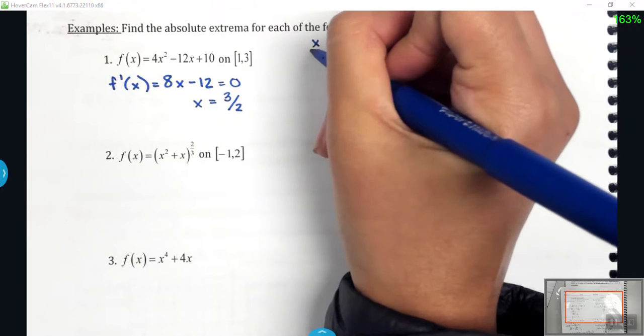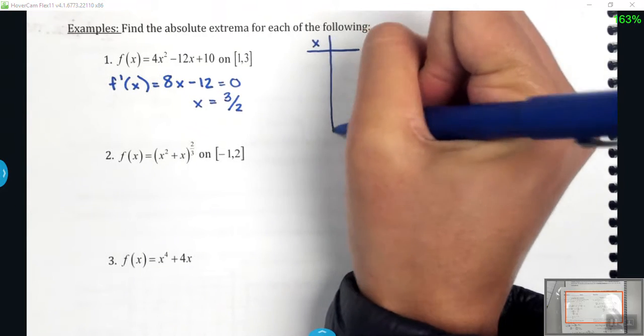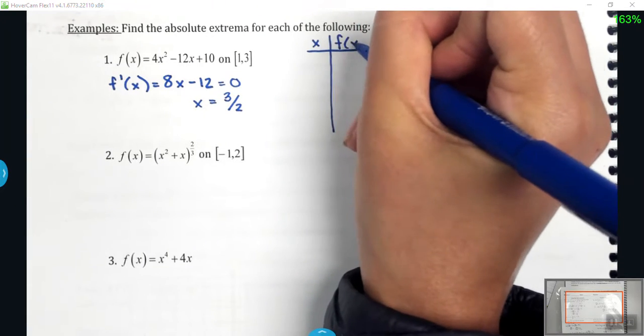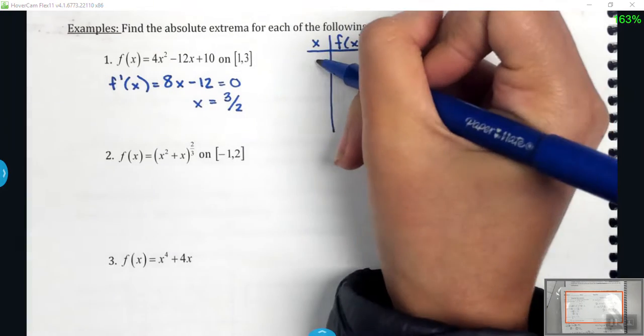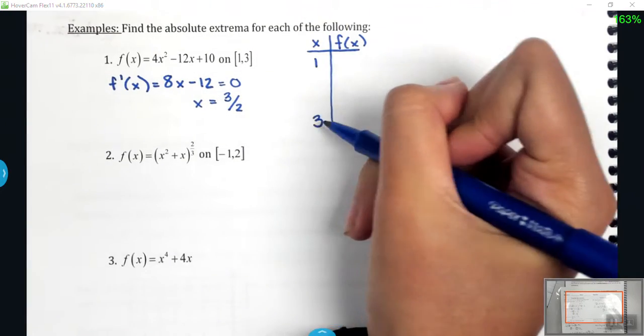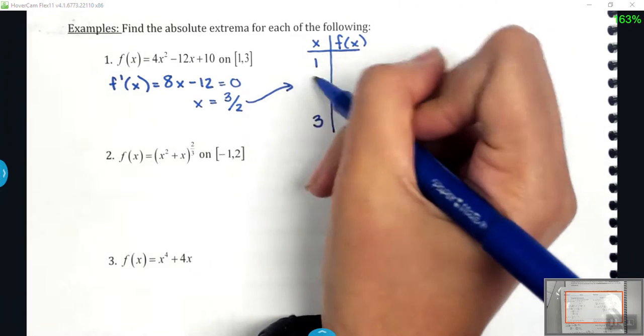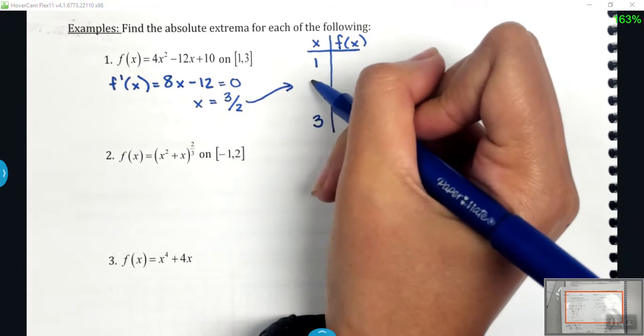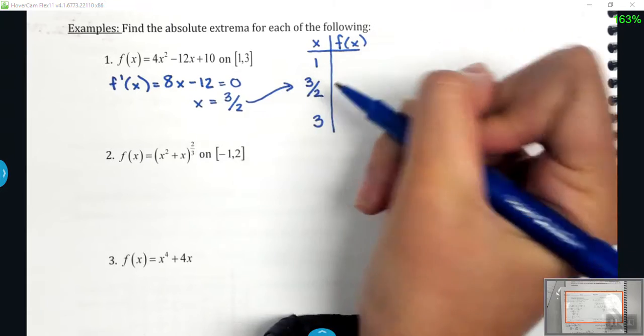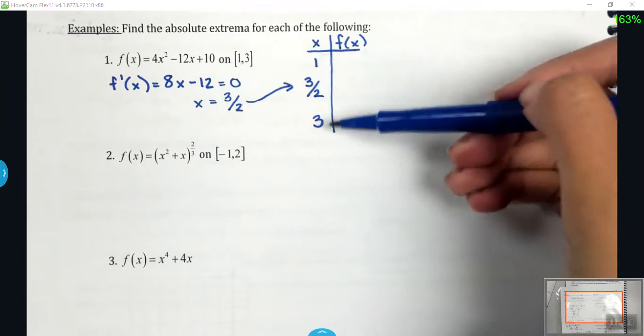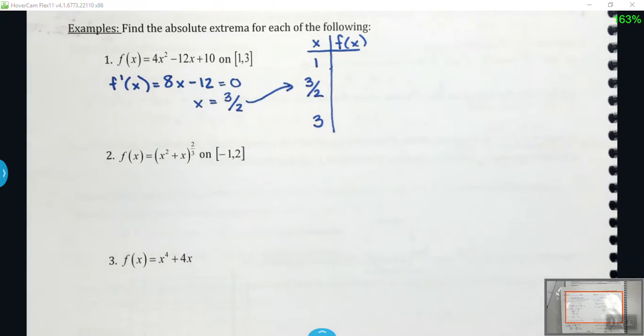Now we do a table of values, x and f of x, where we include our 2 endpoints, 1 and 3 on the ends, and then we put whatever critical values we have right here in the middle, in between. If you have a critical value that's not in between your 2 endpoints, don't include it because we don't really care what happens there.